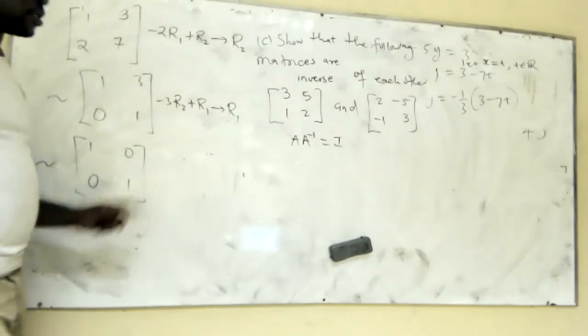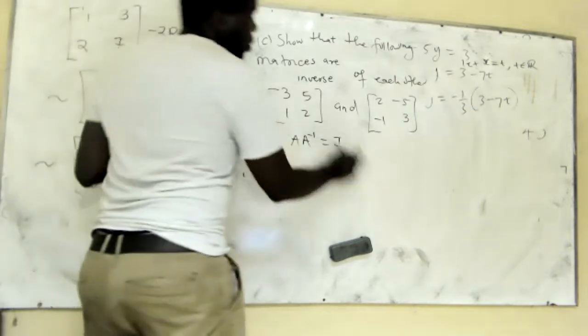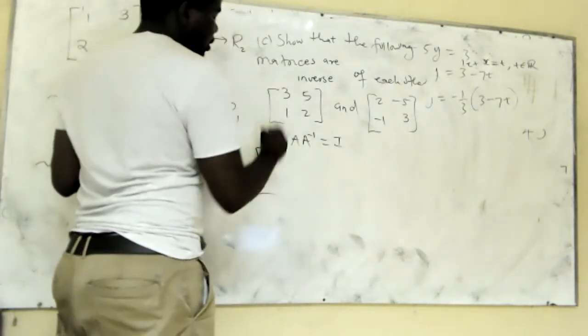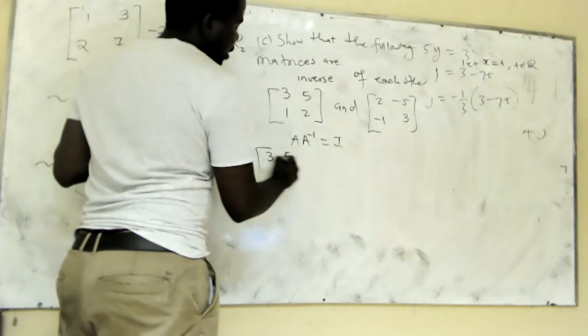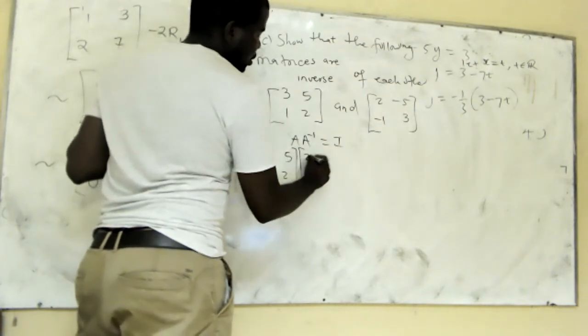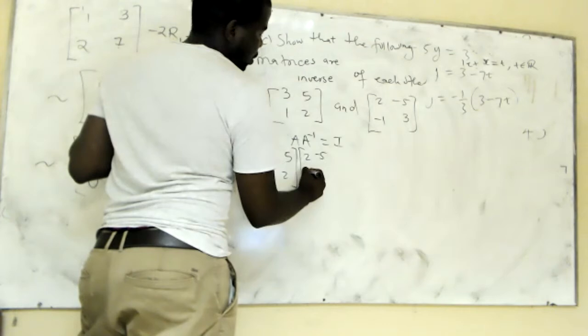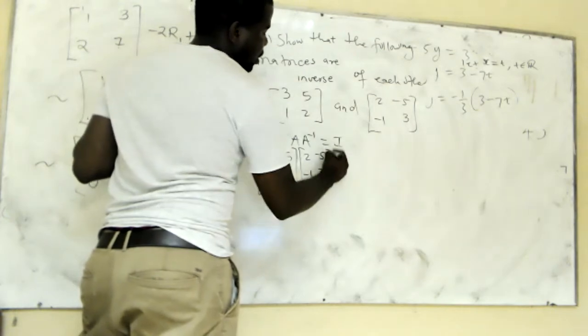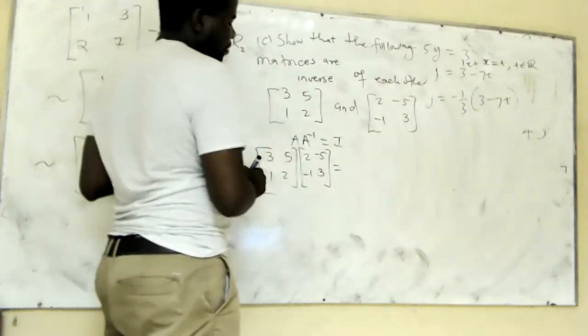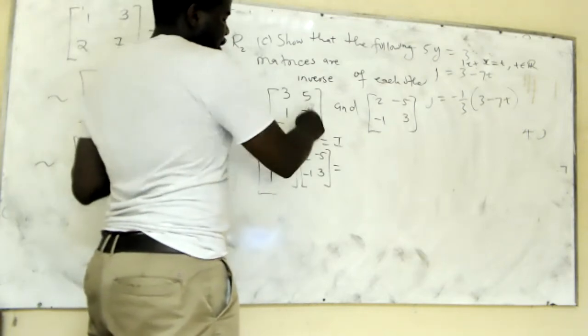So now let's multiply and see if we're going to get the identity. Because we are showing it, it must be true that we get the identity. Otherwise, if we're not getting the identity, it means there's something wrong that we did. Let's multiply these two matrices. In order to get the first entry, we multiply this with that.